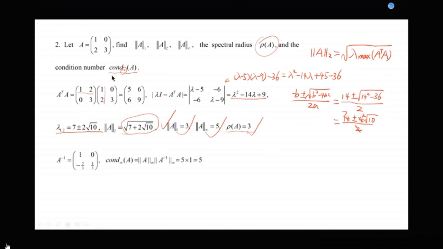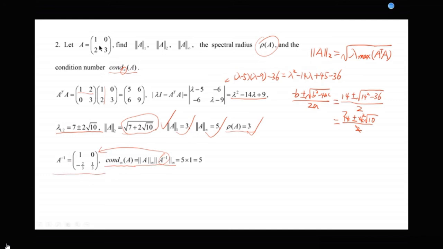Okay, last one, the condition number of matrix A. You should remember, for the condition number we use the infinity norm. It means you need to compute the infinity norm of A multiply the infinity norm of A inverse. It's okay? So you need firstly to compute A inverse.